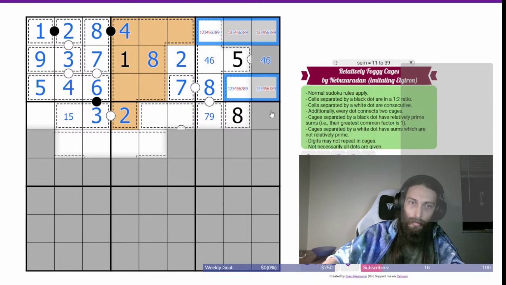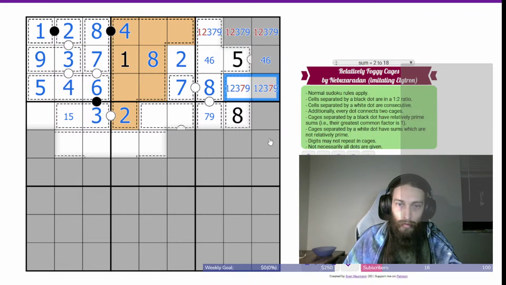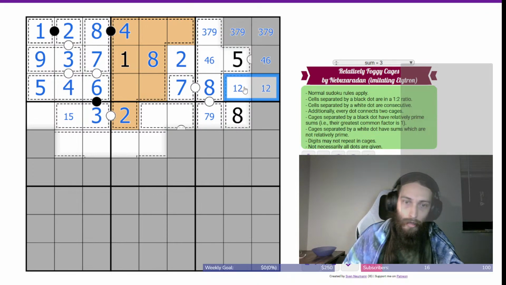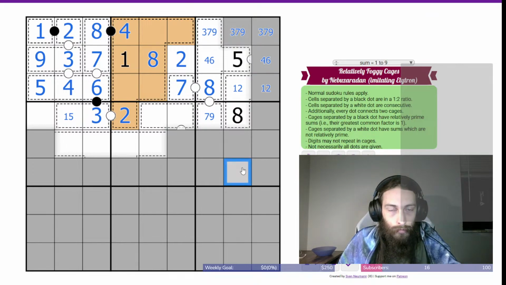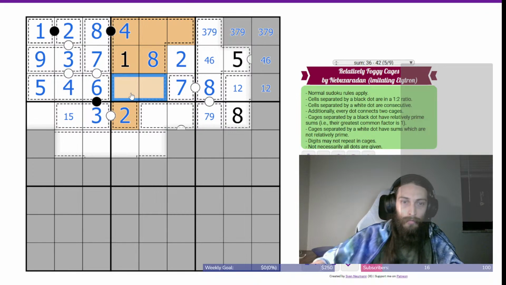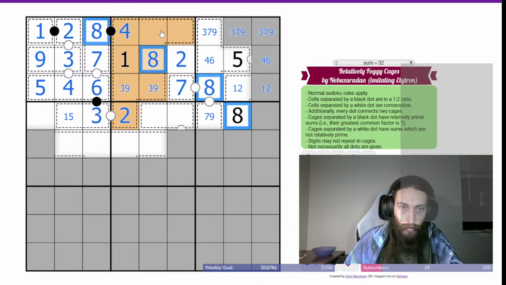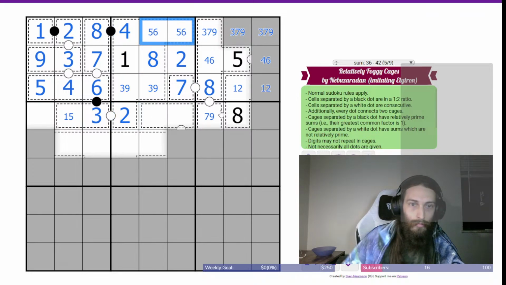What's left over in this box? 4, 6, 5, and 8. These two aren't 7, and we don't have a 1, 2 pair up there, so 3 and 9 are out. The middle of row 3 is 3 and 9. And then, I guess I don't need the orange anymore. 5 and 6.